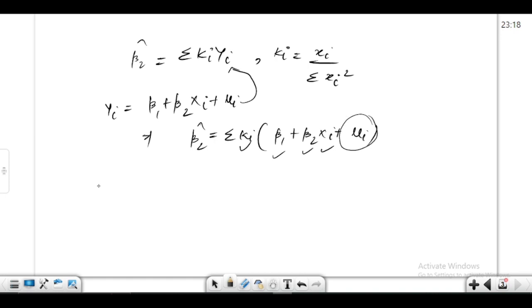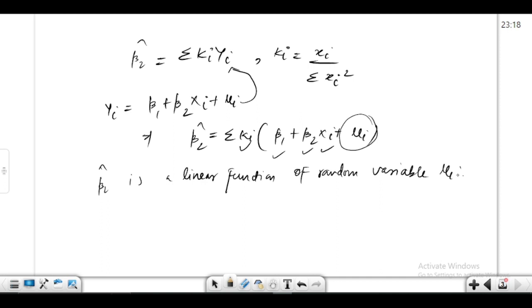So your beta 2 hat is a linear function of the random variable ui, which we have assumed is a random variable when we talked about the assumptions of our classical linear regression model.